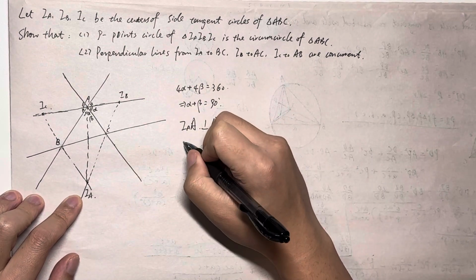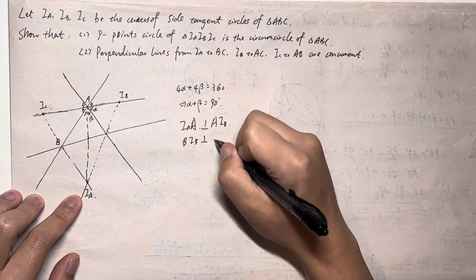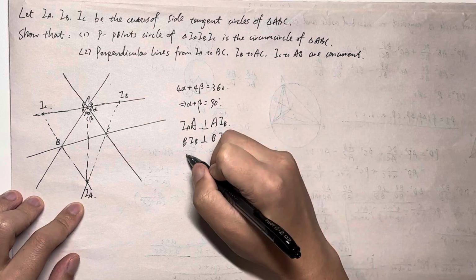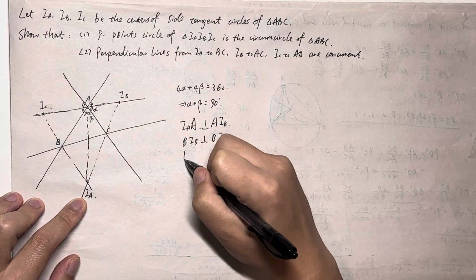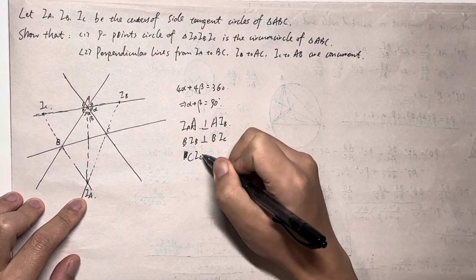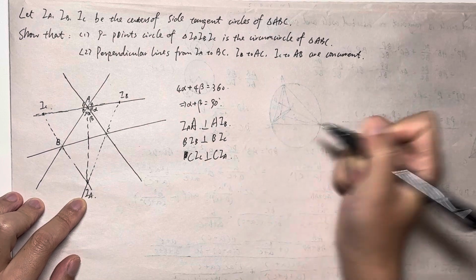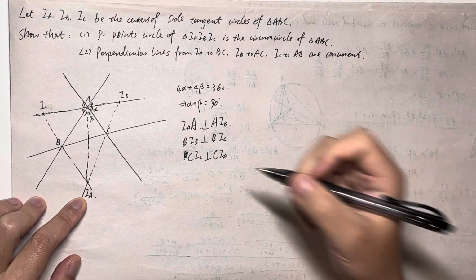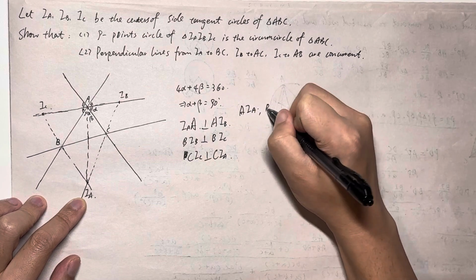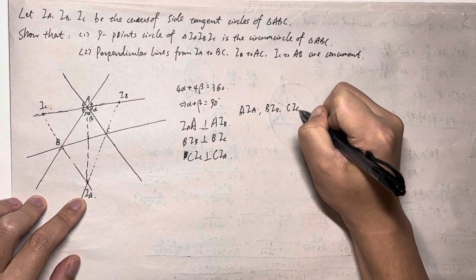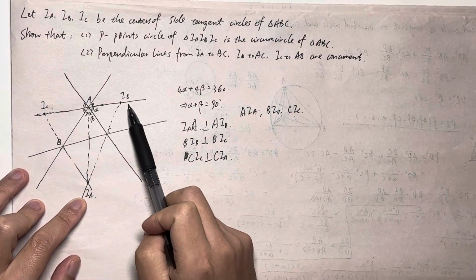Similarly, BIB is perpendicular to BIC, or BIA, whatever. That's the same thing. And CIC is perpendicular to CIA, right? Which means AIA, BIB, CIC are the altitudes for the sides.